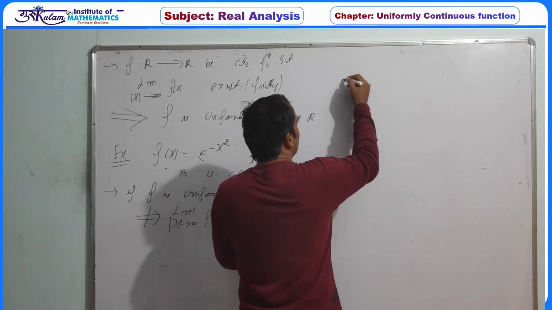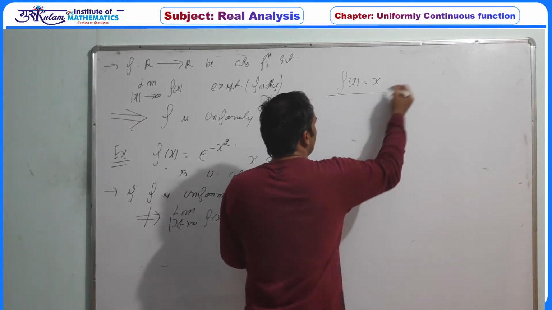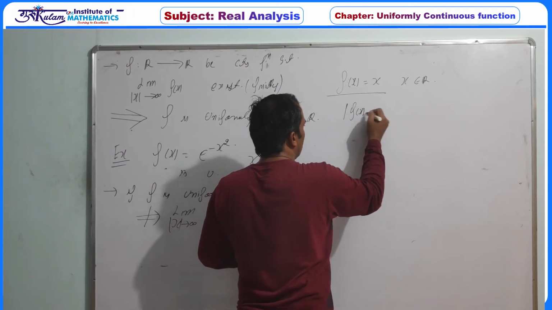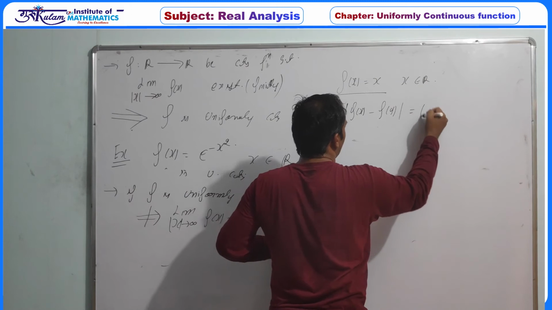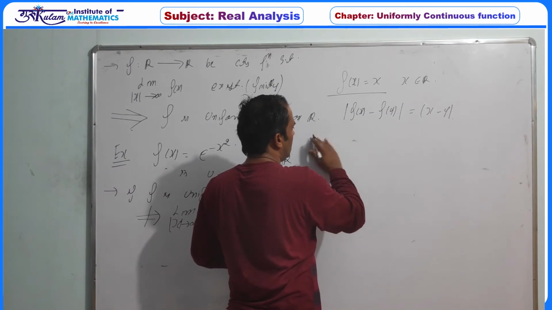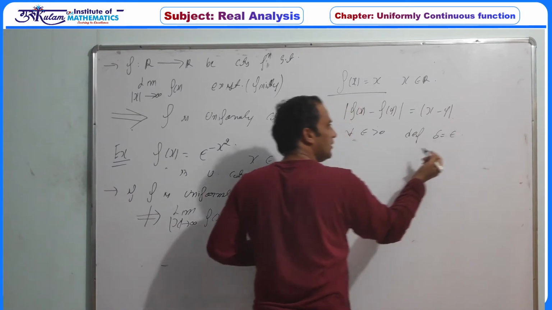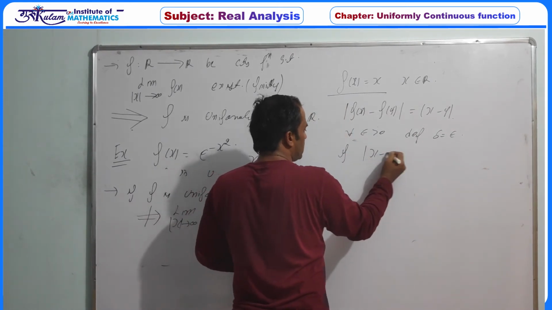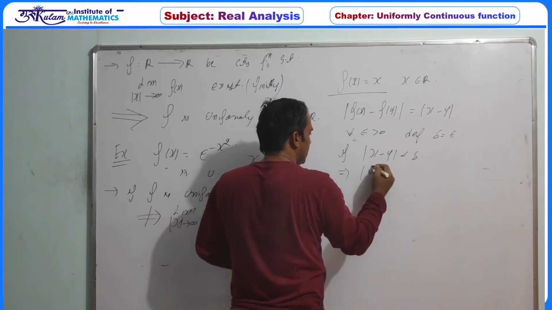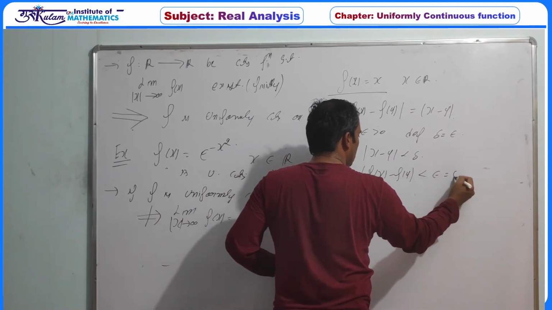Simple example, if we take f(x) equal to x, then for x belonging to the real line, |f(x) - f(y)| is obviously equal to |x - y|. So simply for all epsilon greater than 0, define delta equal to epsilon. Now if |x - y| is less than delta, and this quantity is the same as this quantity, this implies |f(x) - f(y)| is less than epsilon, which is equal to delta.